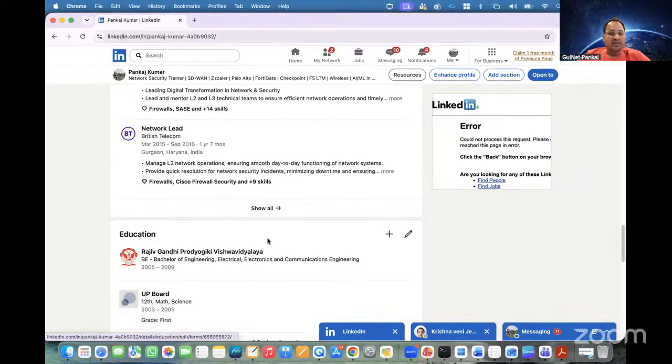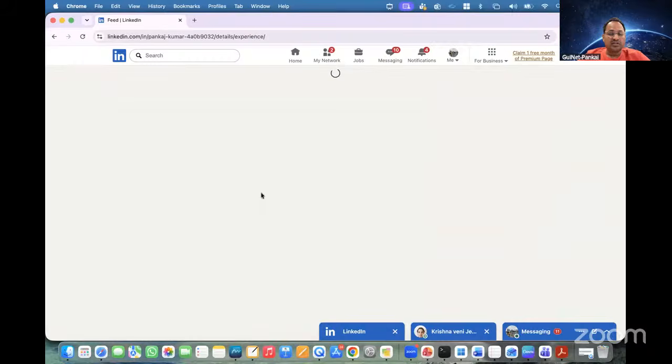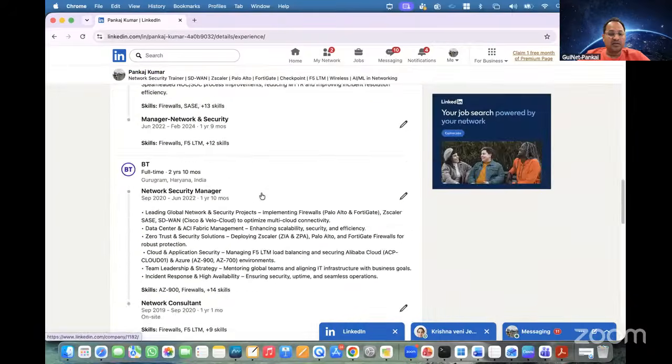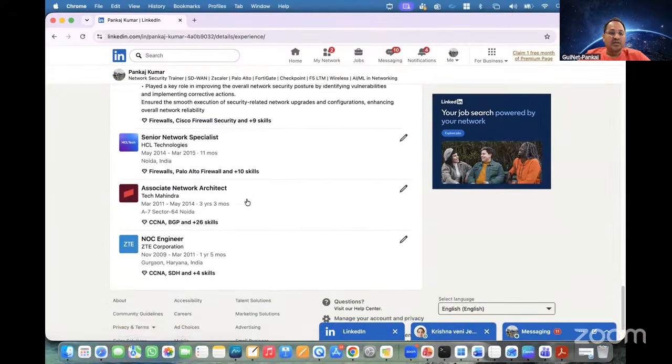I started my career in 2009 as a NOC engineer at Jetty Telecommunication. It was purely a telecom company. I was installing the BTS, BSC, MSC, RF antenna, audio, SDS, PDS kind of things. At the same time, I was also managing router connectivity, basic configuration of the routers, ping testing, reachability testing.